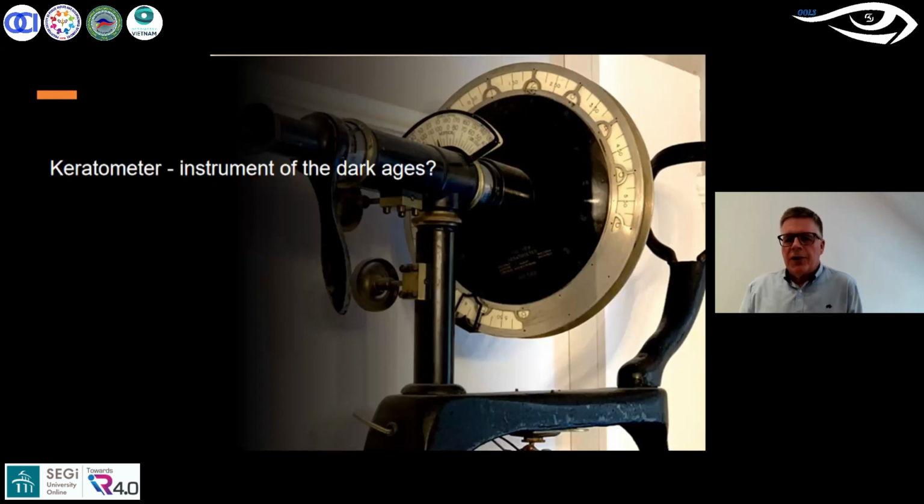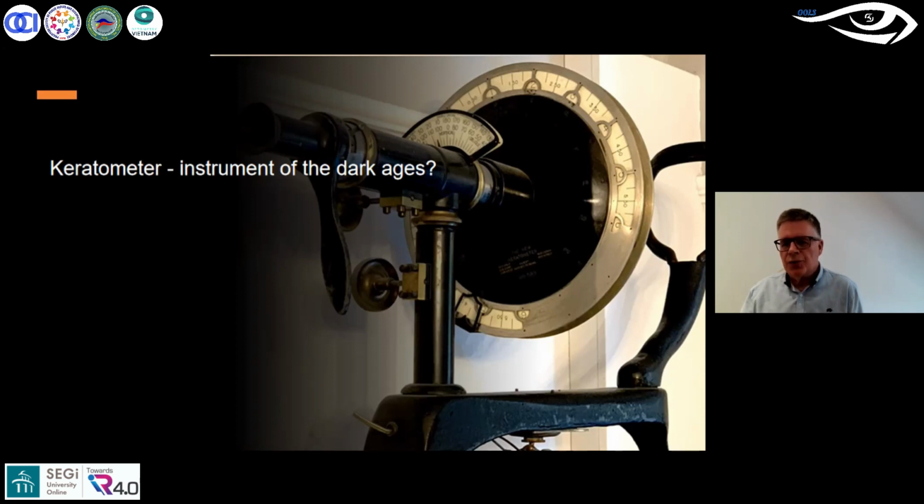Now let's have a look at the keratometer, because the keratometer always amazes me. It's a fantastic instrument, and I'm very grateful to one of my colleagues in the UK for this splendid image. This keratometer dates back to what we believe is 1907.